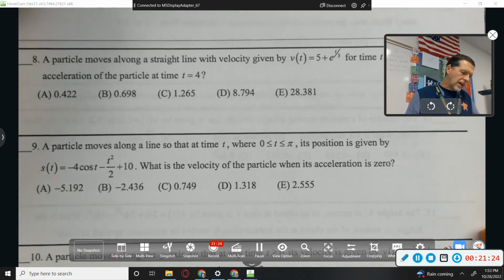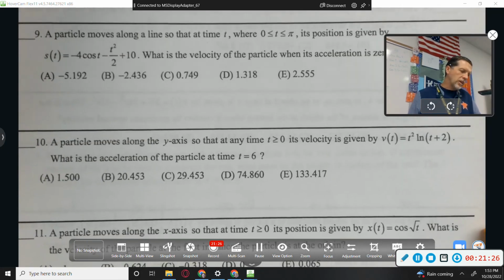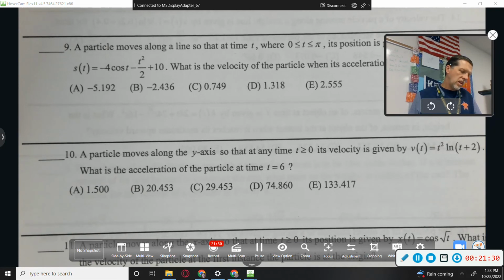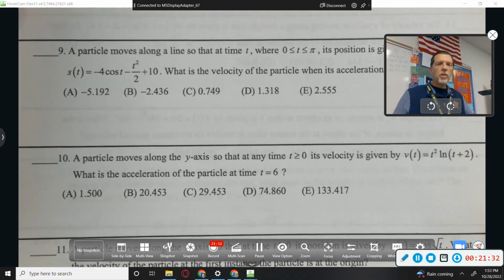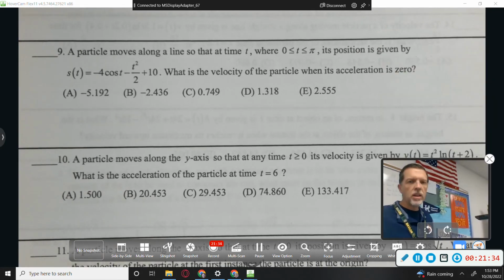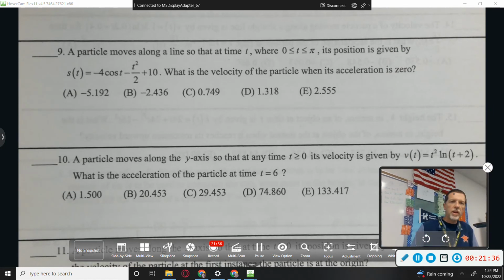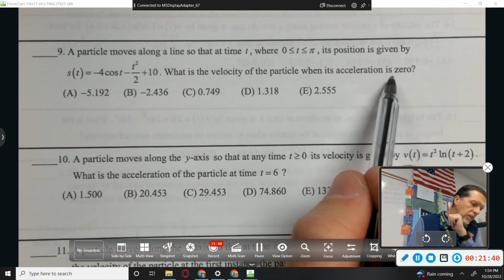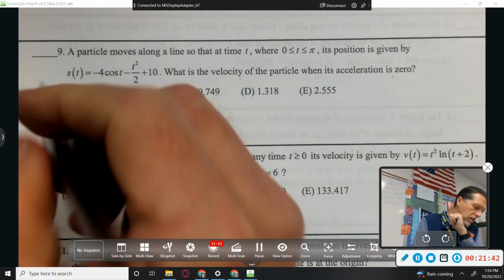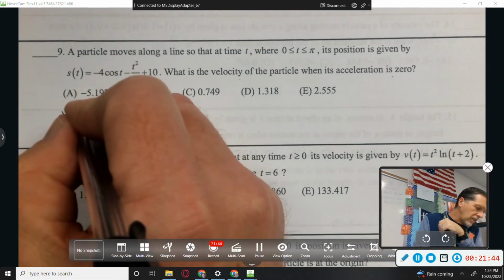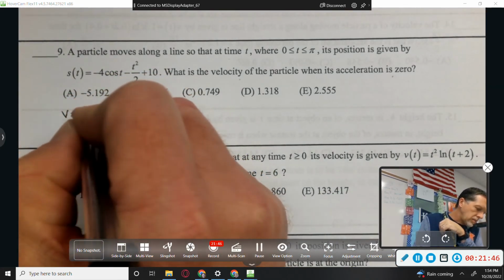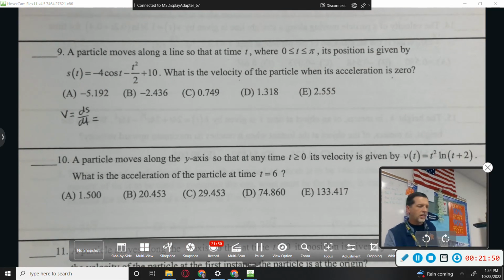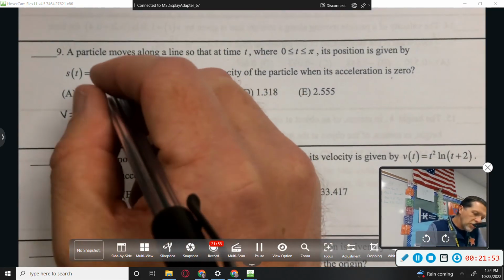I think a lot of these you'd probably want to combine calculator with no calculator. Like look at number 9. A particle moves along a straight line, 0 to pi. Its position is given by this. What is the velocity when its acceleration is 0? So I need to find its acceleration. You can do the thing on the calculator, but it might be easier to just do it by hand.